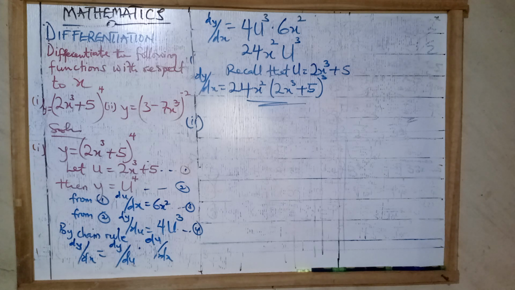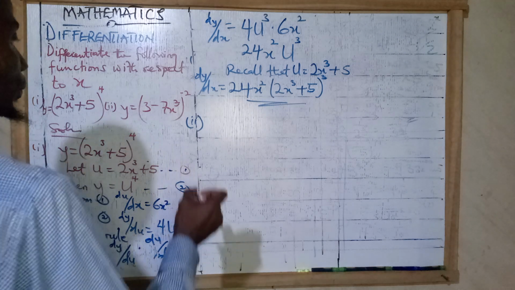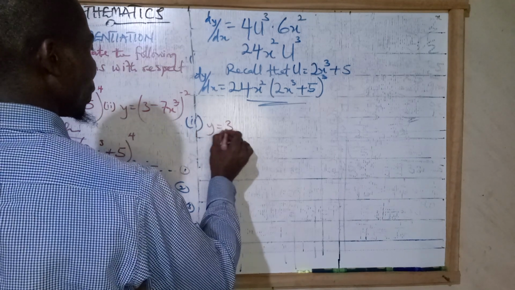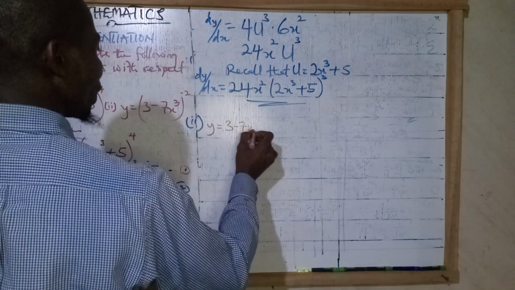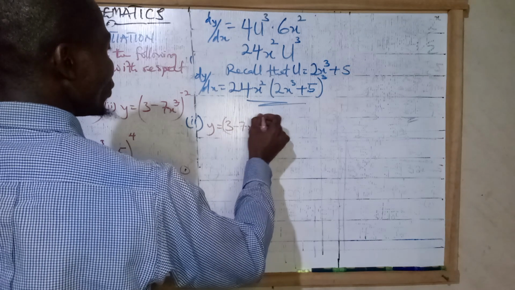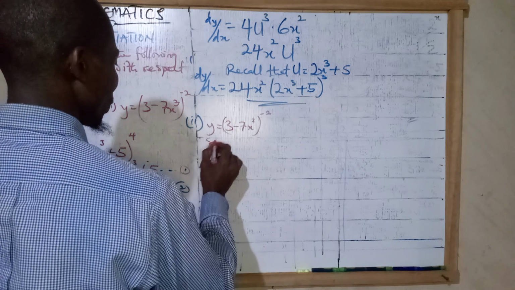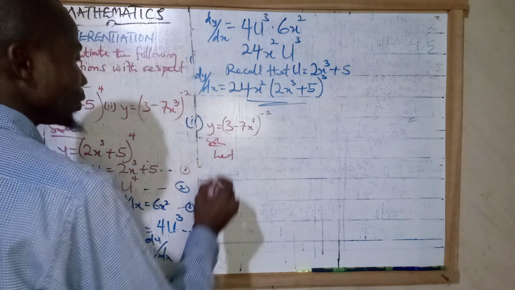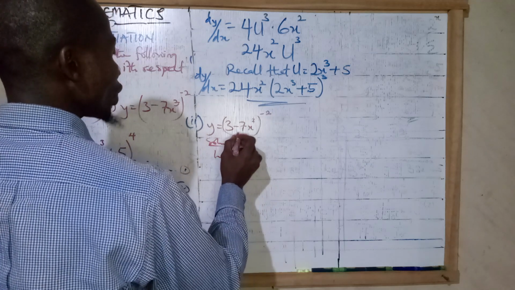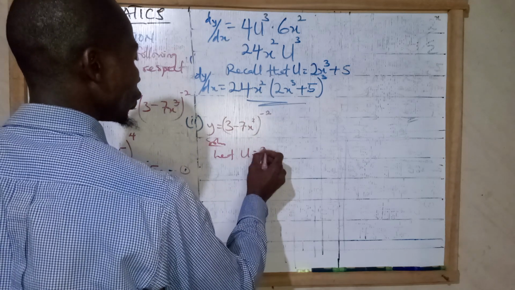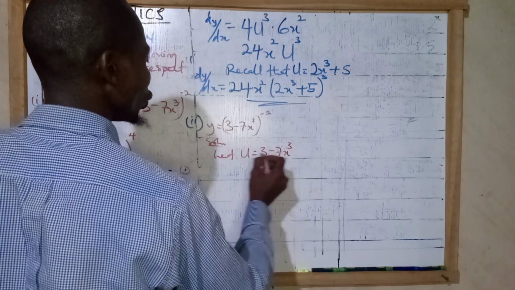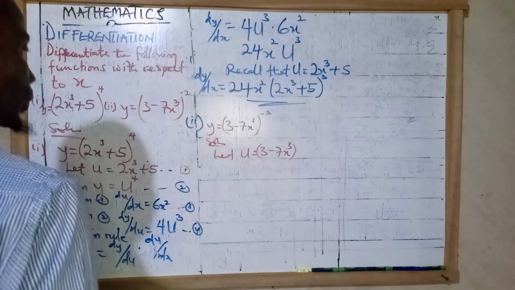Okay, the next question where we have y equals (3 - 7x^3) everything raised to power minus 2. Now just the way we have done in the first part, we start by letting what we have in the bracket, let u equals 3 - 7x^3.